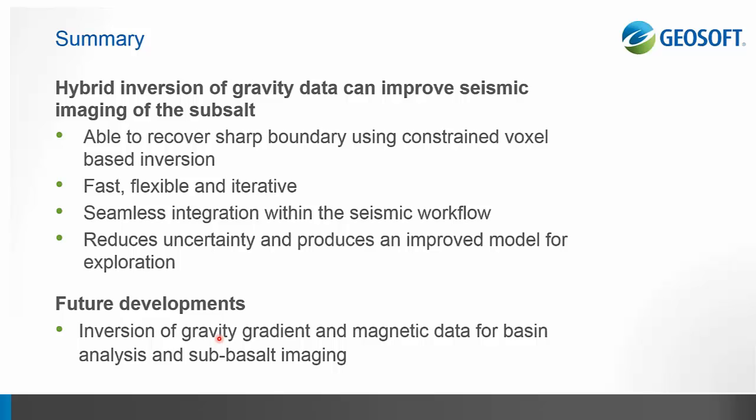So it's fast, it uses high-performance computing to perform the inversion, it's flexible, we can incorporate complex geometries and 3D density distribution, which are appropriate in a complex problem like subsalt. So it means that it's easier to go back and forth between the gravity and the seismic interpretation. So ultimately, it should reduce uncertainty and improve the model confidence.